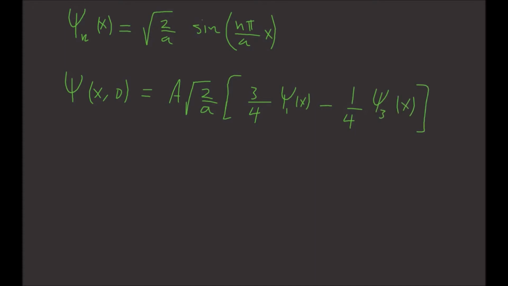So normalizing this, we get A squared times a over 2 times 9 over 16 plus 1 over 16.